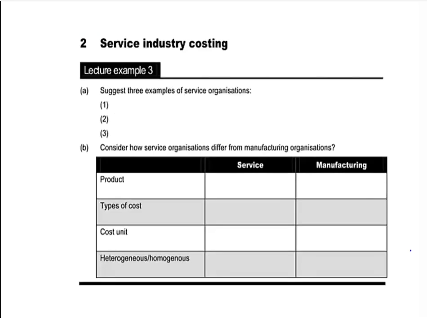Next, we move on to costing within service industries, and we begin in lecture example 3 by coming up with some examples then of service organisations. This list is by no means exhaustive because there are lots of different types of service organisations. Probably the one that you're most familiar with, because many of you will work for one, is an accountancy firm.